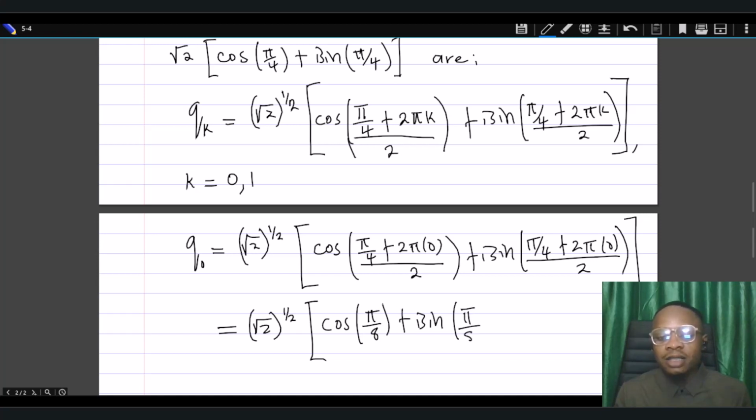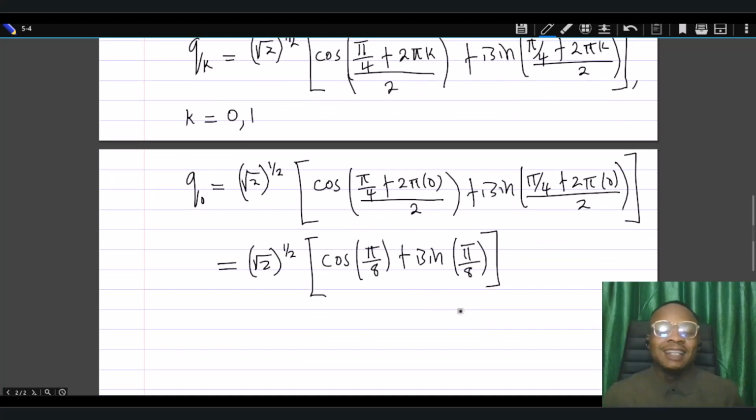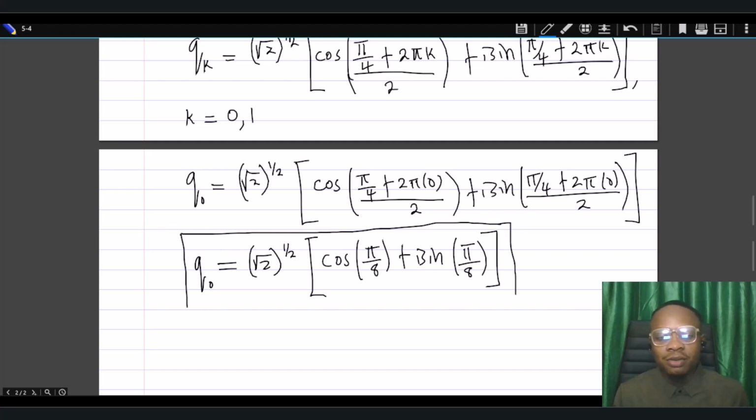If we need this to be in polar form, then this is one of our results. It is acceptable to leave it in this format. You can also simplify it further. So this is one of the roots of the given complex number z equals 1 plus I, so we can keep that.